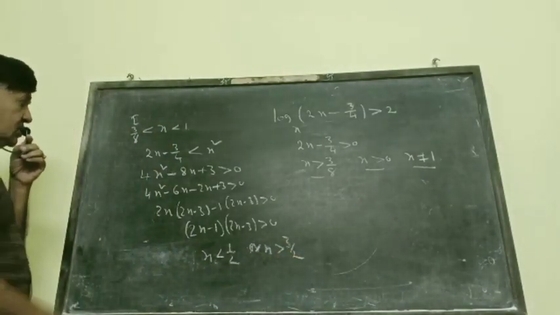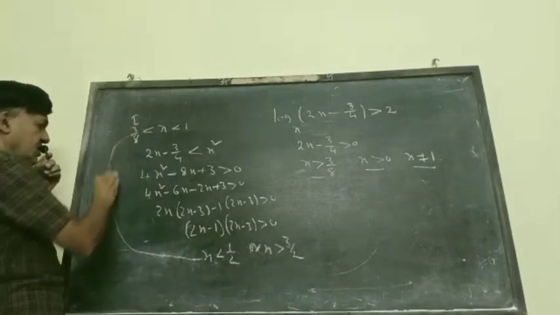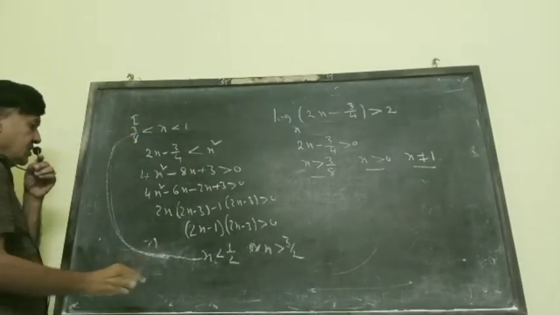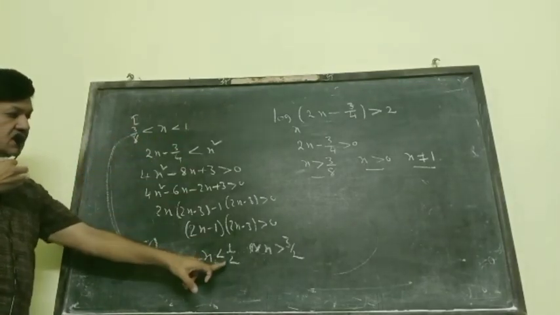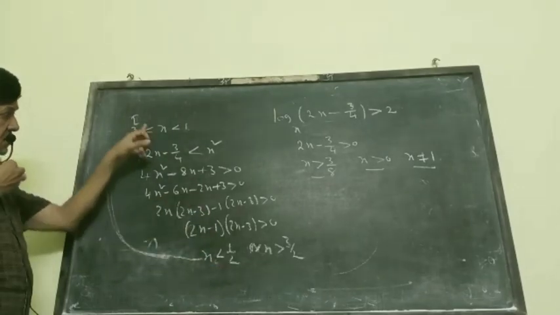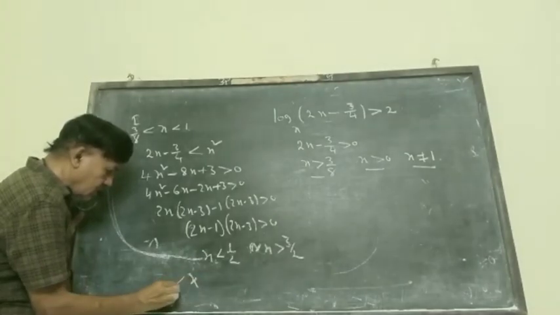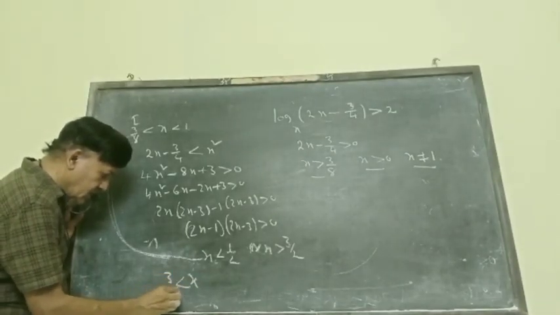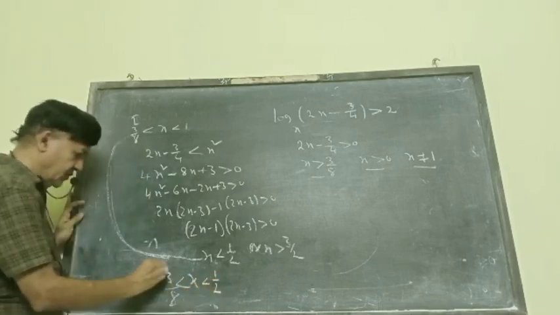Yes, understood? So what is the intersection with this? x value is from 3/2 to 1, x less than 1/2. The intersection of these two is what? x value lies between 3/8 to how much? 1/2.